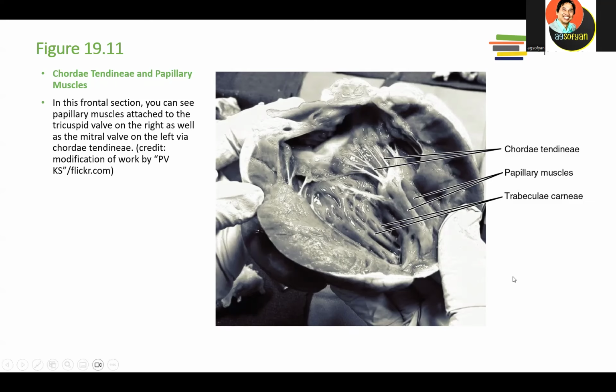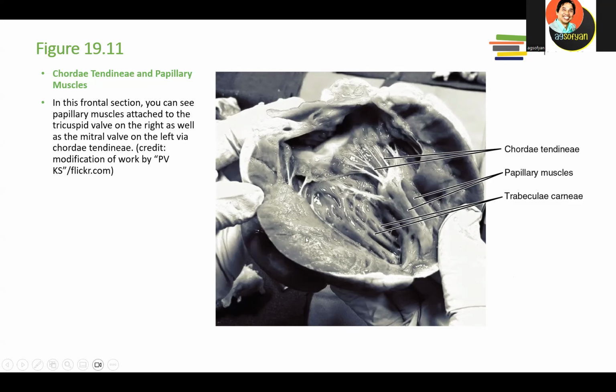And just remember the function of the atria, the left and right atrium, are for receiving the blood, while the real pumping of the blood is actually coming from the ventricle chambers.